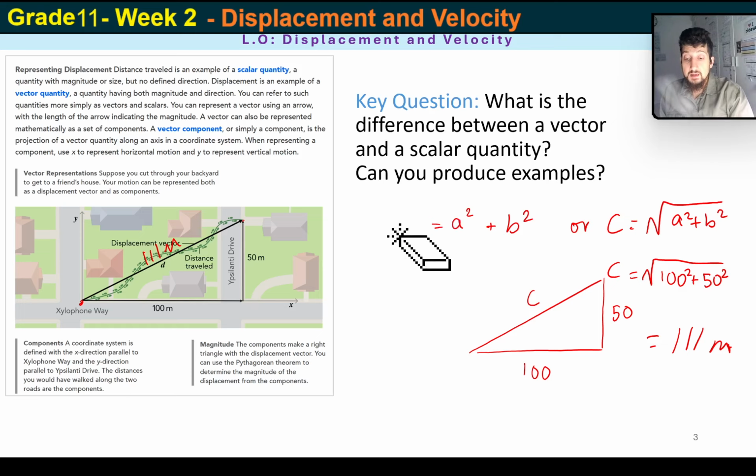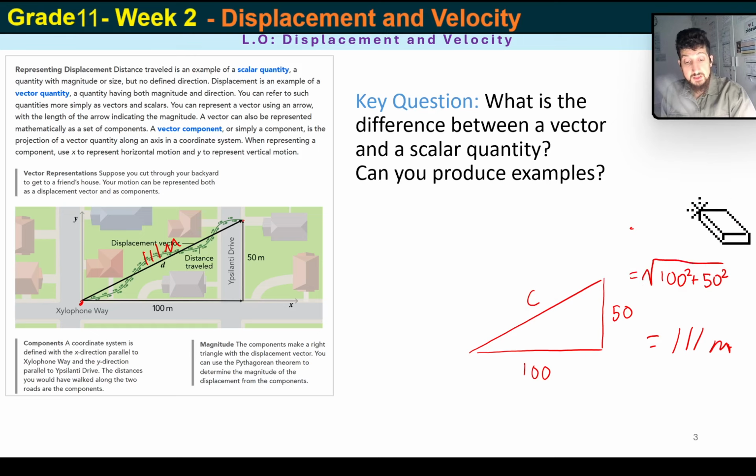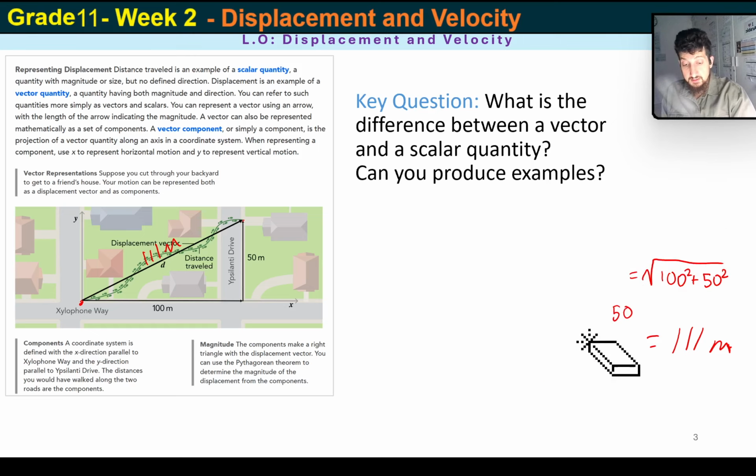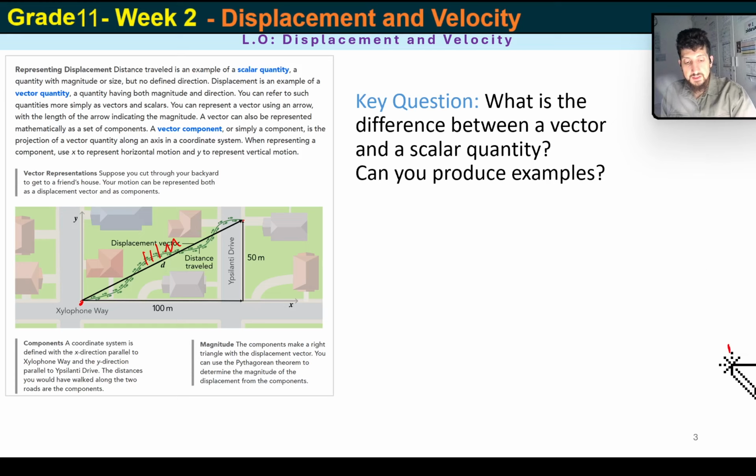Just a quick reminder, displacement is the shortest distance, a straight line, between 2 points. And it's the final position minus the initial position. If we want to be accurate, we have to say the direction it's heading in. So we can't simply say it's 111. We have to say 111 meters. 111 meters what? Northeast, because it's pointing to the northeast.